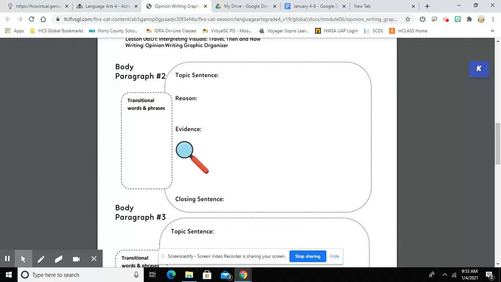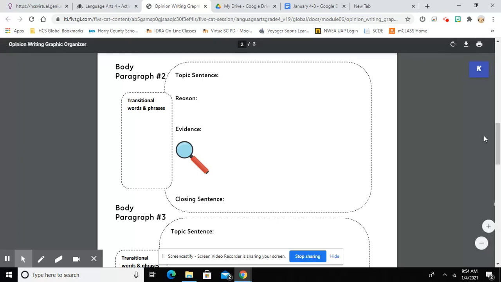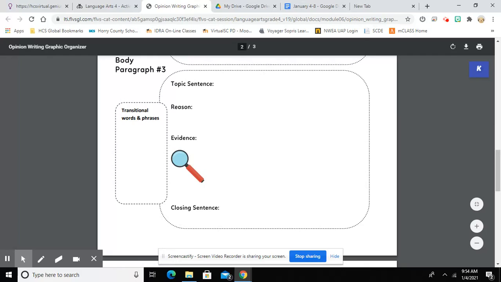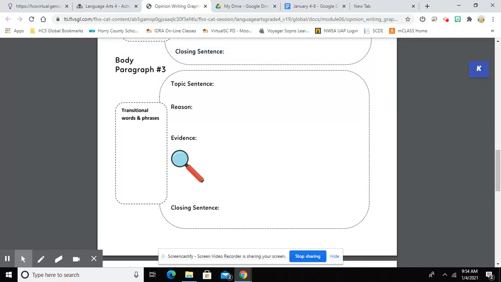This should be another reason with an explanation and some evidence, a topic sentence, and a closing sentence. Your third paragraph should be a final reason: topic sentence, reason, evidence, closing statement.